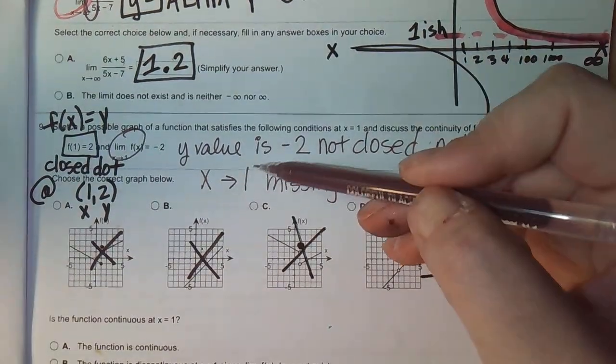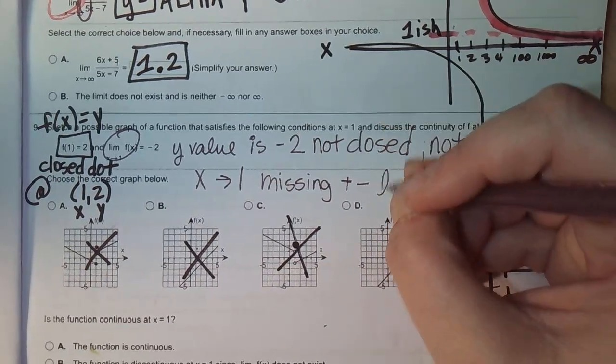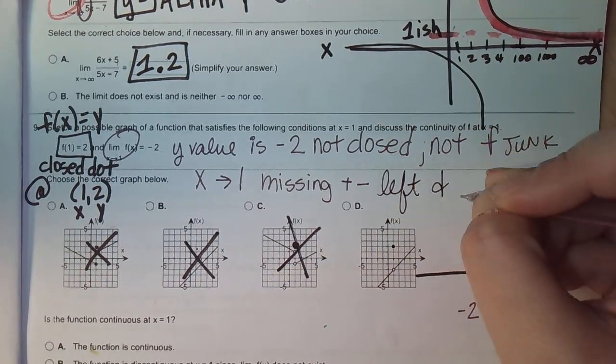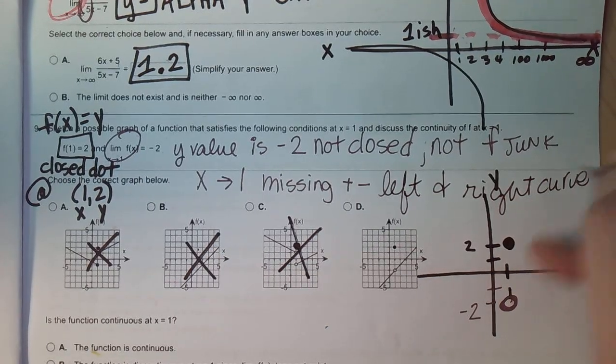So because there's no little plus or minus in the top of the air, that means the left and the right curve meet at the same spot.